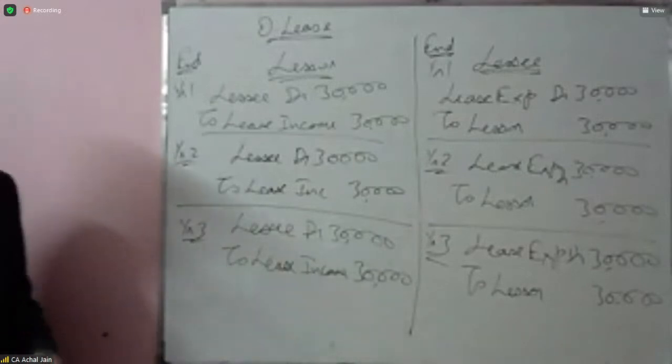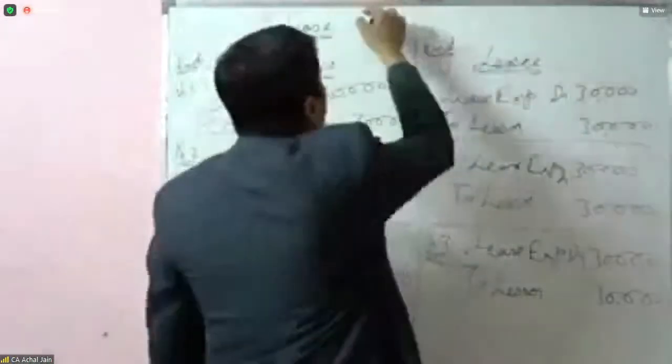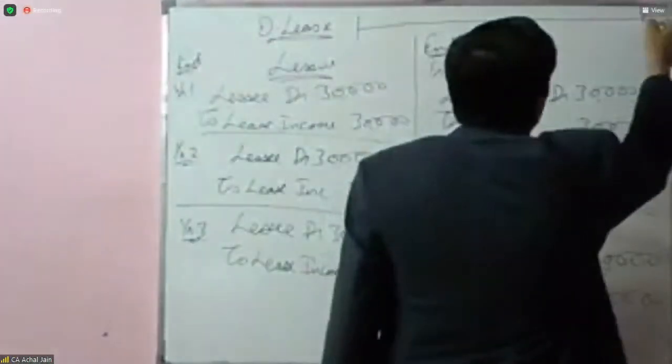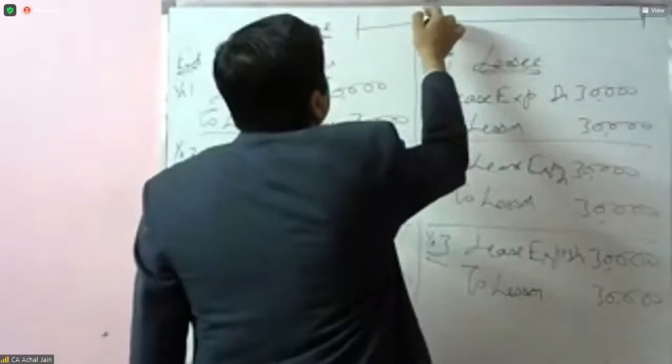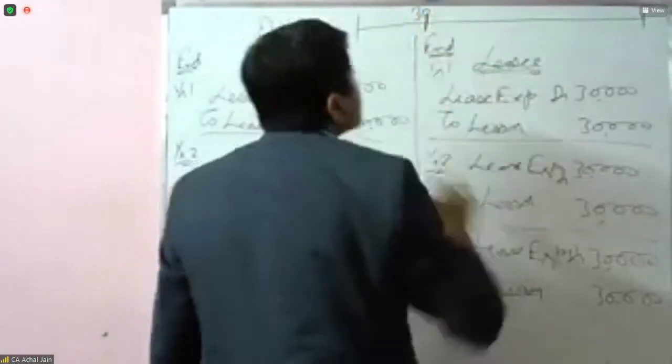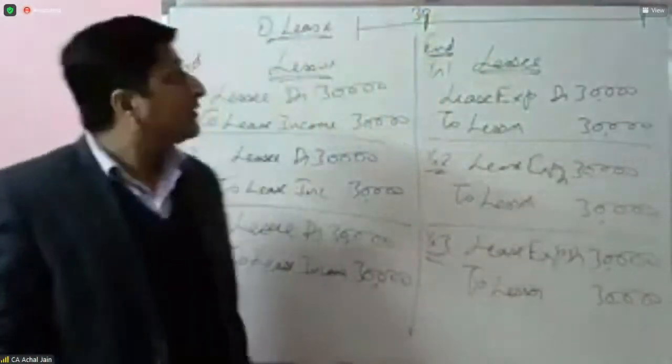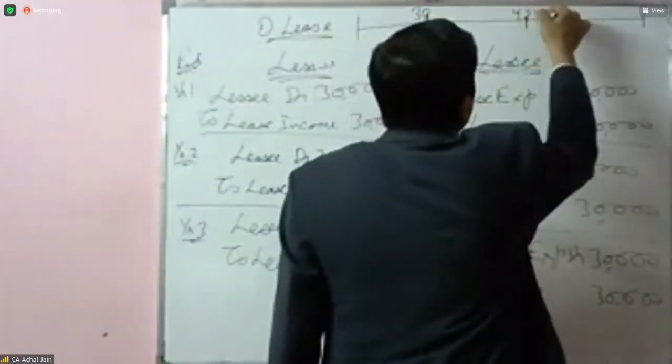But let's suppose instead of 30,000, the arrangement is something like this. Say in the first year, it is 30,000. Second year, it is 45,000. Third year, it is 60,000.